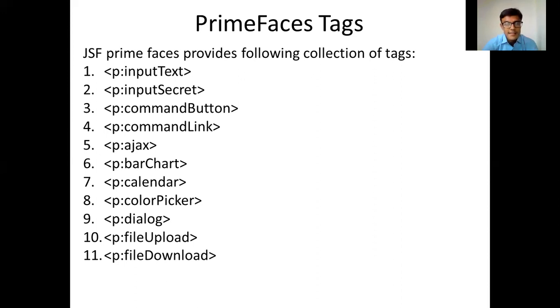For Ajax, there is an ajax tag. To design a bar chart there is a bar chart tag. There is a calendar tag. The color picker is used to pick a color and use that color for another purpose. A dialog box is there, and the file upload and file download tags are also there.